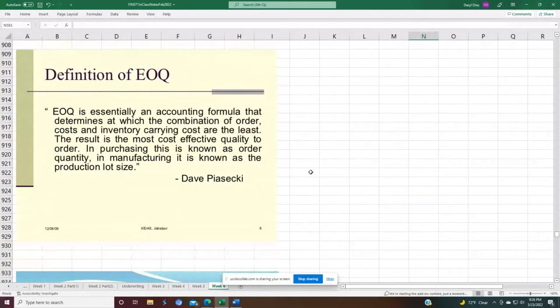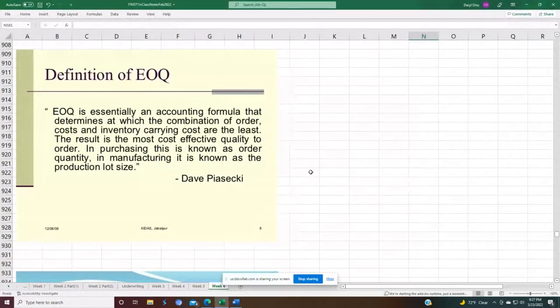It's an accounting formula that determines at which combination the ordering costs and warehousing costs are the least. The result is the most cost-effective solution. In purchasing, this is called the order quantity, and in manufacturing, this is called production lot size.